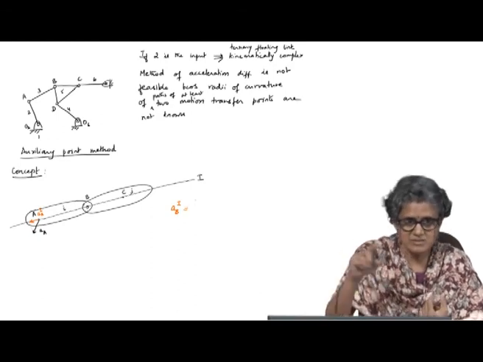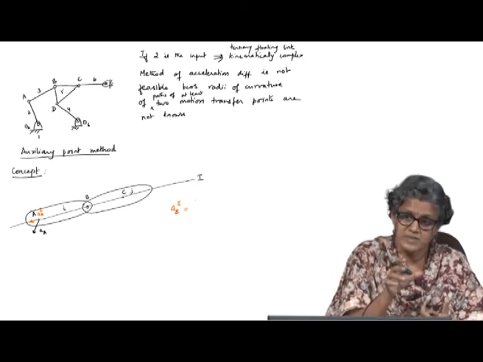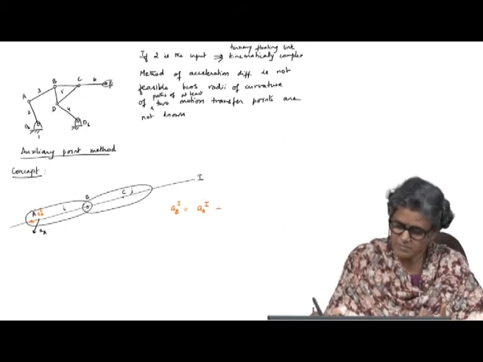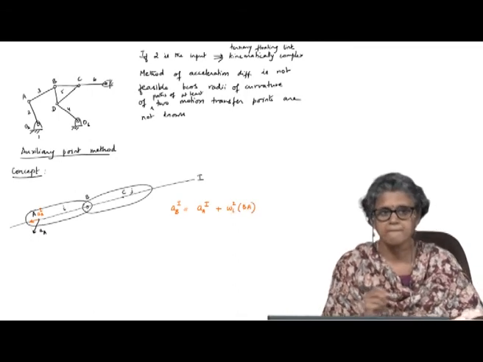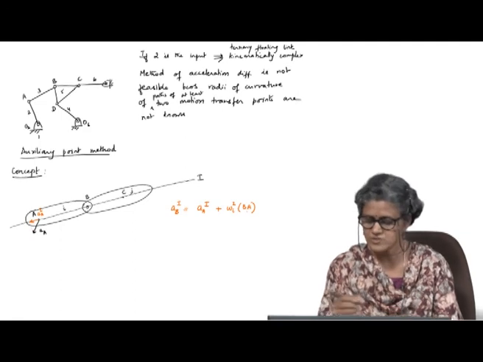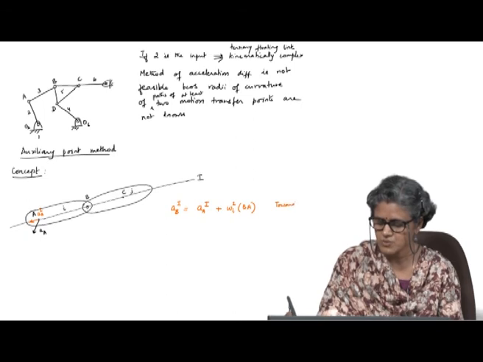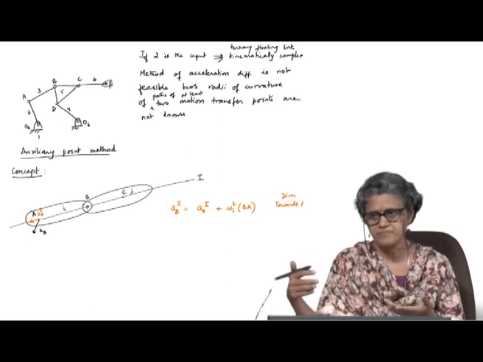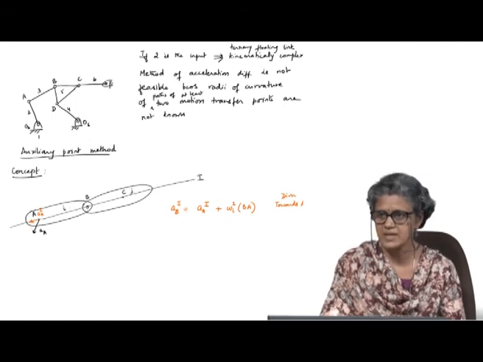Remember, the acceleration difference between 2 points has a normal component and a tangential component. So, I can write this as acceleration of A along 1 plus omega square BA. This is towards A, the direction is towards A. I am just writing it algebraically. Acceleration of B will be plus a component towards A.